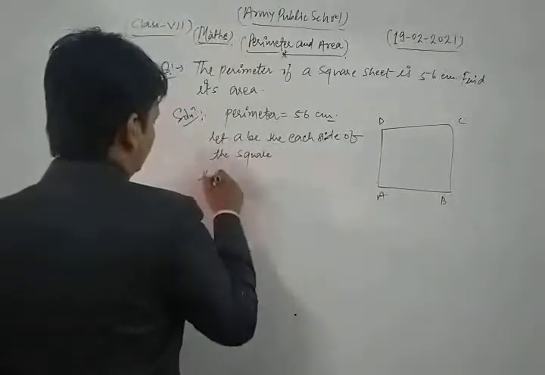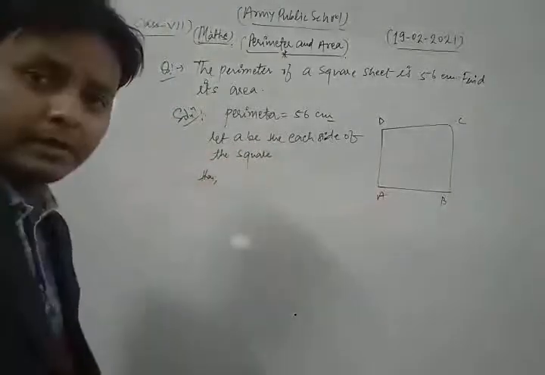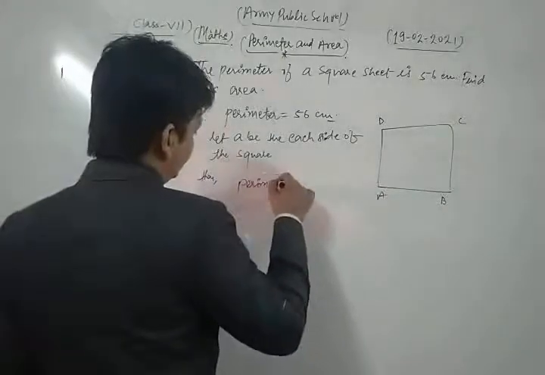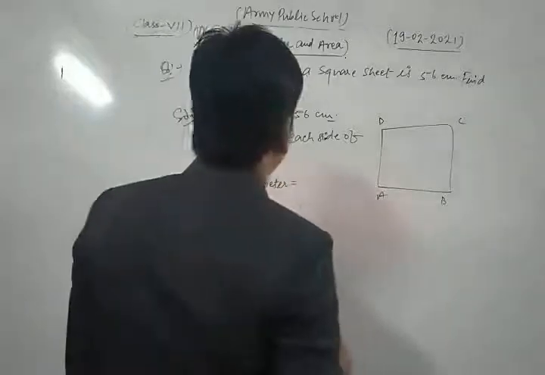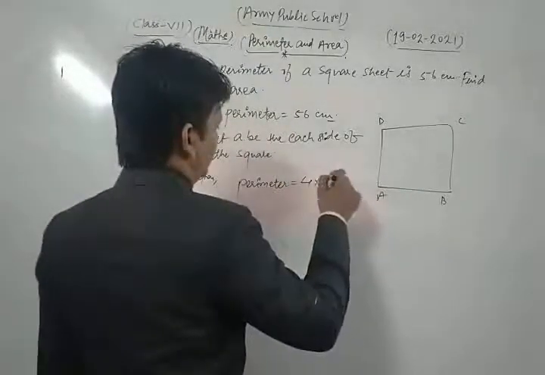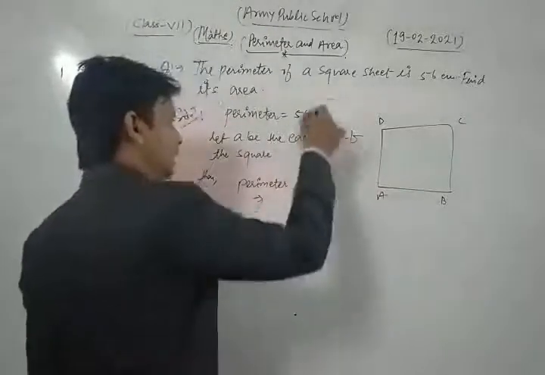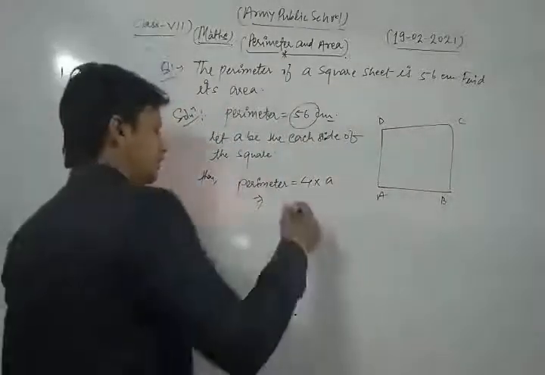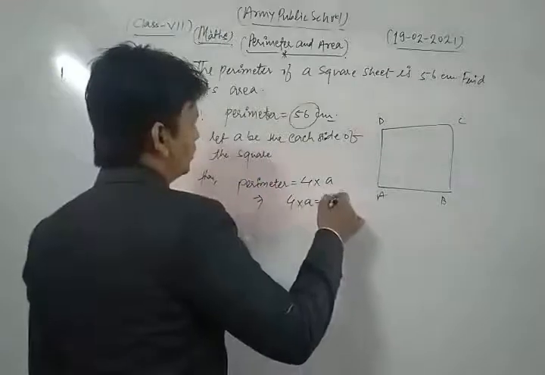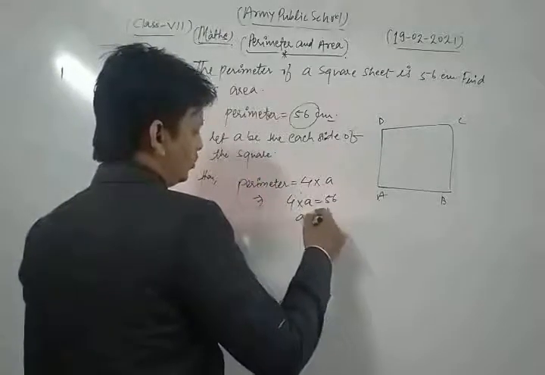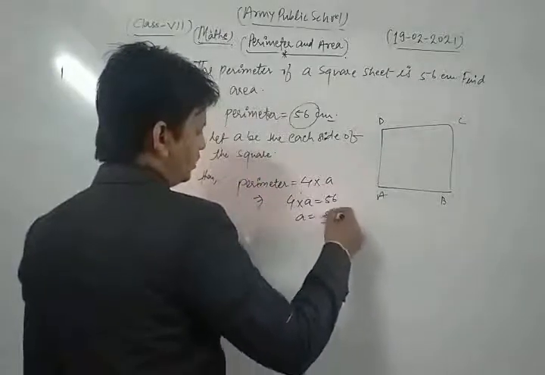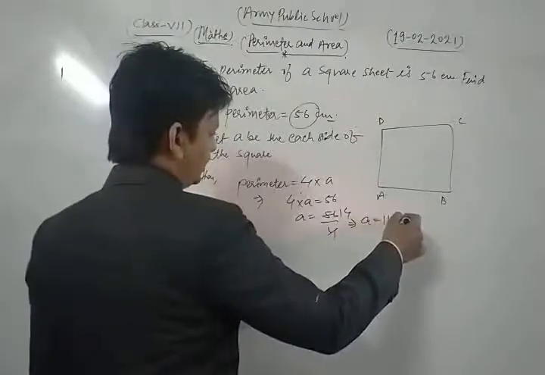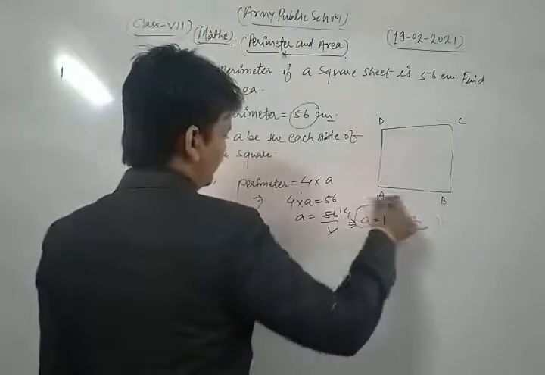Then its perimeter will be 4 into side. This is given as 56. So here we put 4 into A is equal to 56. Now A is equal to 56 upon 4, 14. Thus the each side of the square is 14 centimeter.